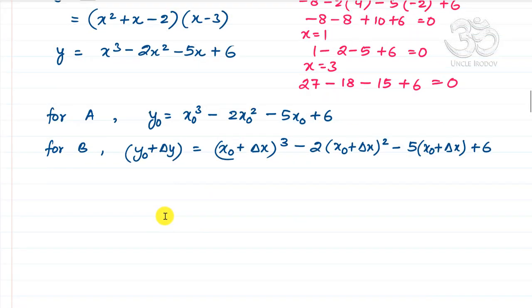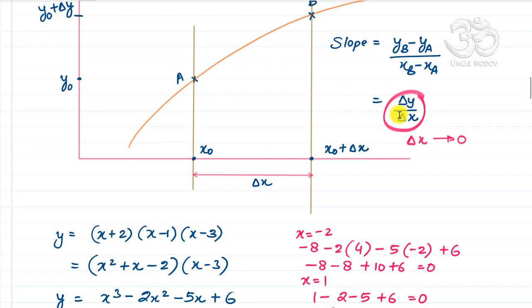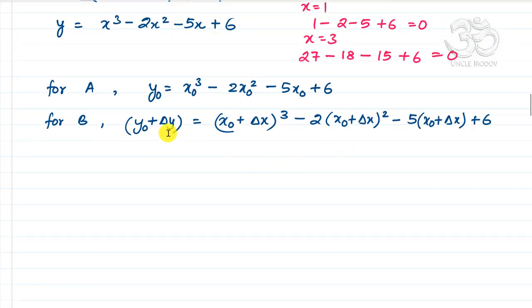Yes, and then we try to figure out the value of delta y, because our end aim is to get this ratio delta y by delta x. So the way to do that is, we will take the second equation, which is y naught plus delta y is equal to everything, and from that we will subtract the first equation.